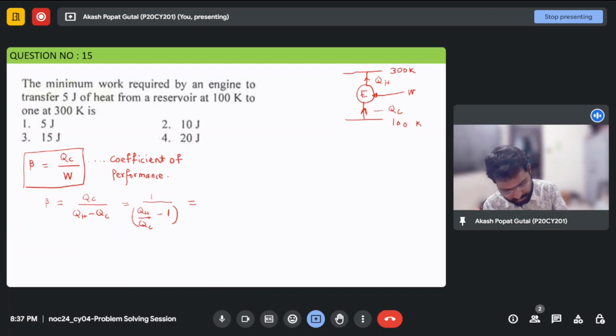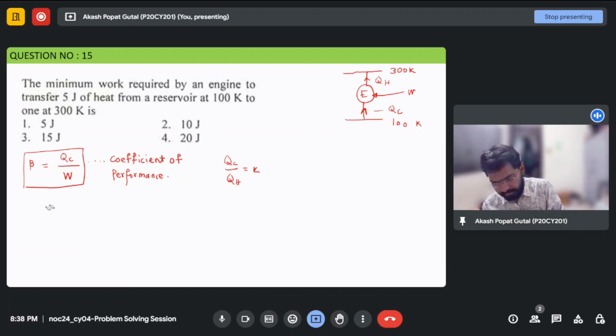Or we can define QC by QH as some K. Then 1 by K minus 1 gives K by 1 minus K. This is just a simple relation using simple mathematics.